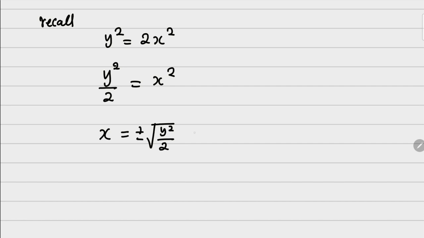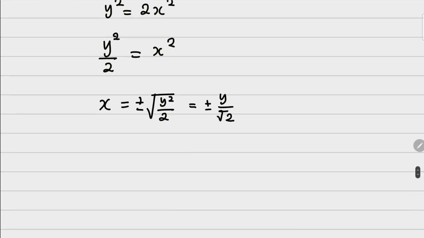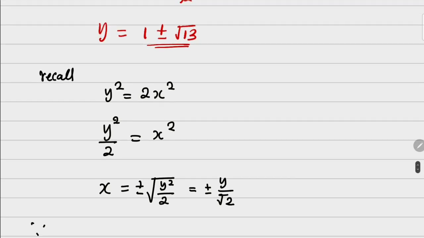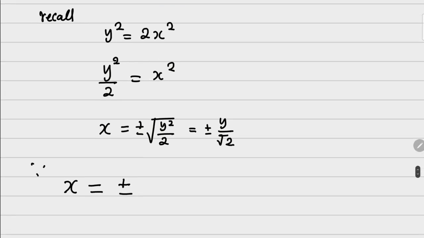Of course, plus or minus doesn't change anything at the end of the day, because here I'm going to have plus or minus y over root 2. So it therefore means that x will be equal to plus or minus. Remember what y is? y is actually 1 plus or minus root 13.